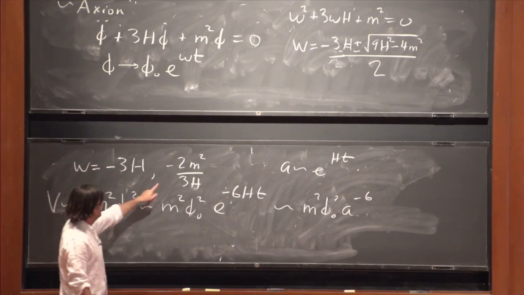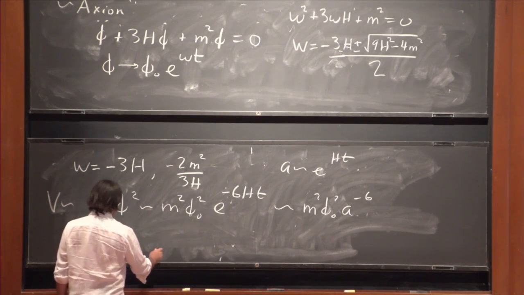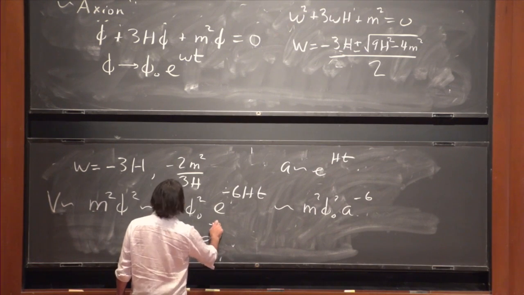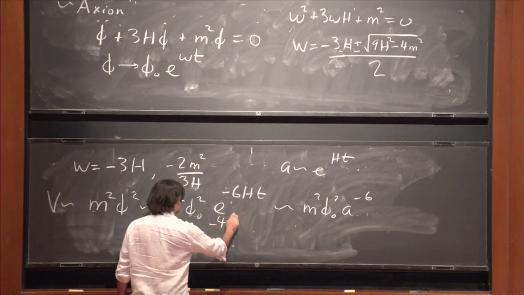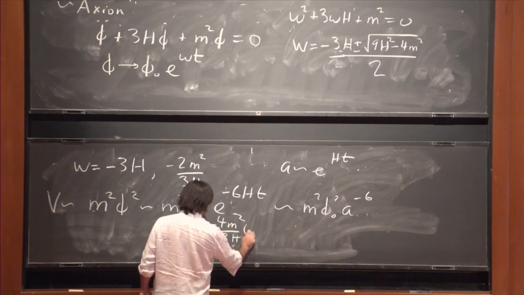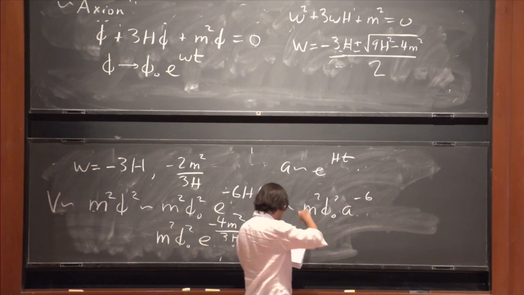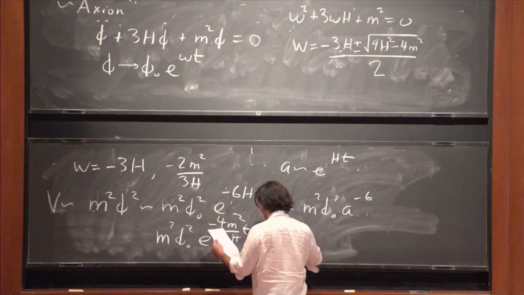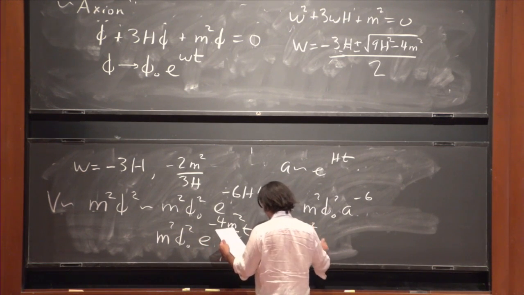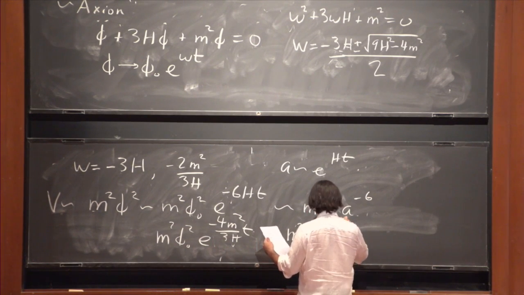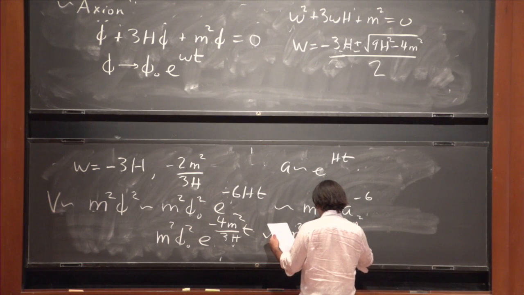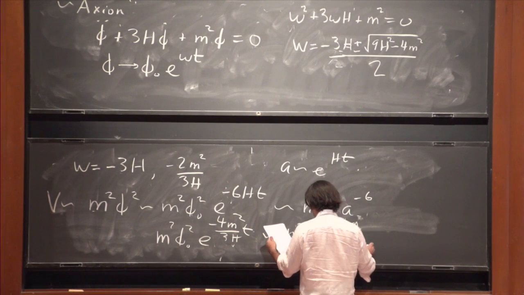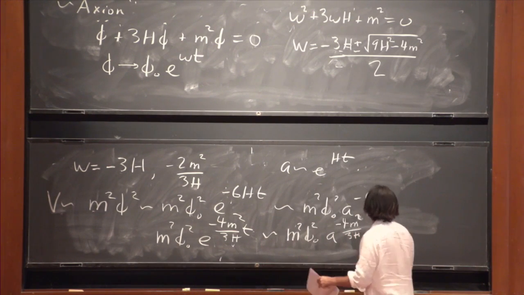On the other hand, I can put in this mode here, and what do I get? I get m squared phi naught squared e to the minus 4 m squared over 3H t, which is like m squared phi naught squared times a to the minus m squared over H t.